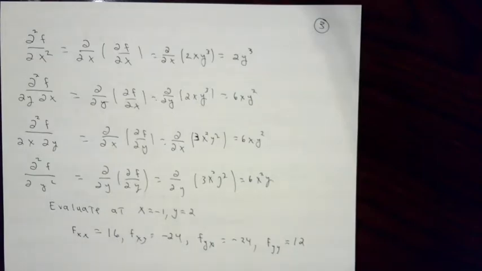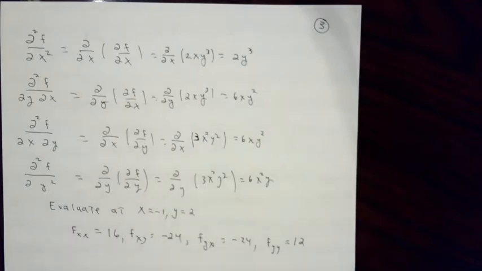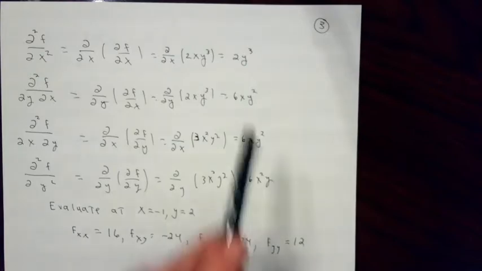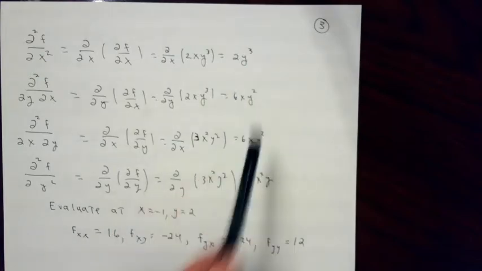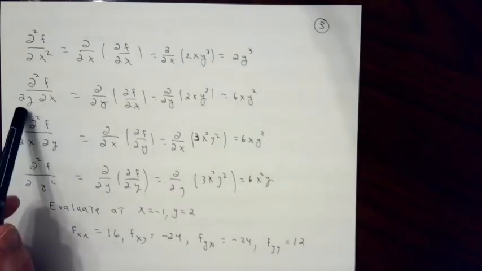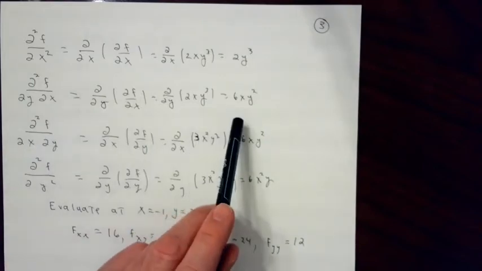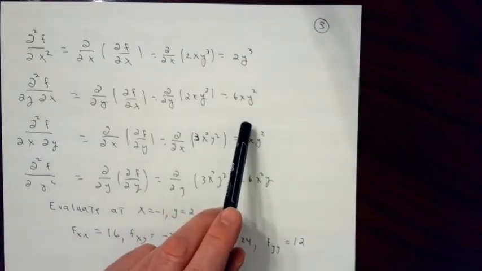We've already calculated the two first-order partial derivatives so that you can then insert them into each of these four expressions. The second partial of f with respect to x both times works out to be 2y cubed. The second partial of f first with respect to x, then with respect to y, works out to be 6 times x times y squared.